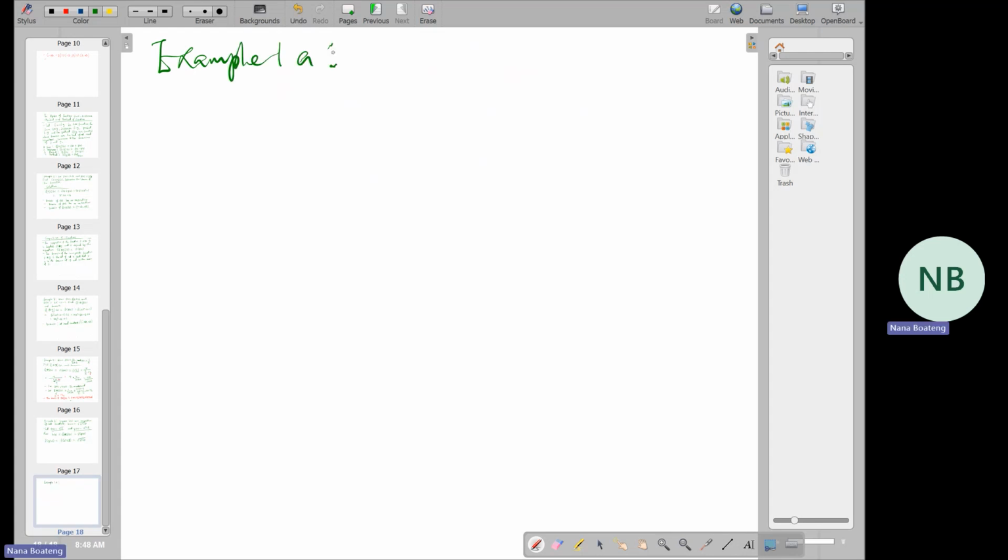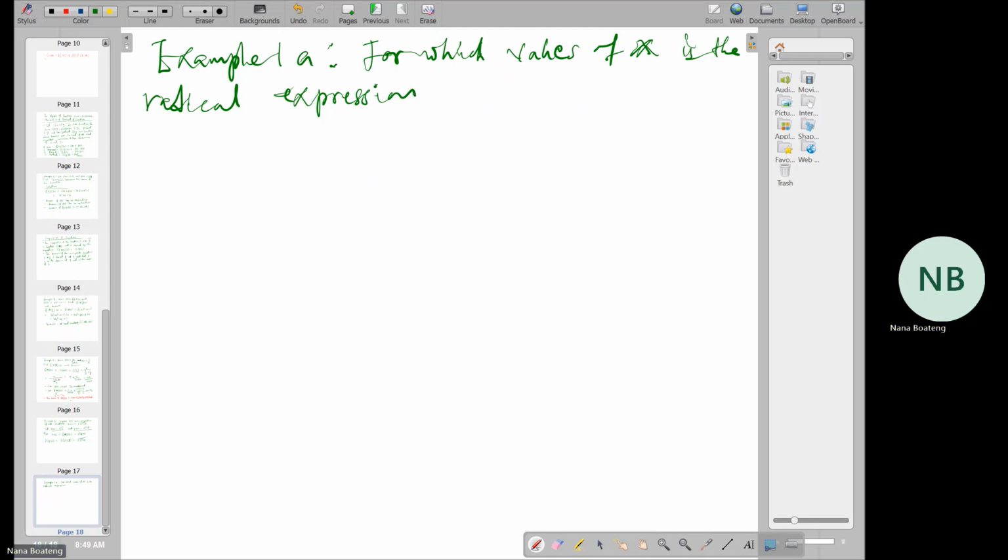So this is something related to the example we looked at in example 1. It says, for which values of x is the radical expression a real number?